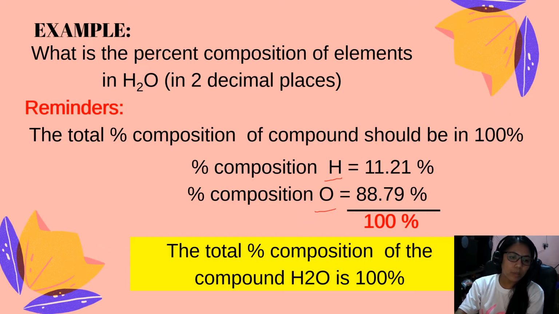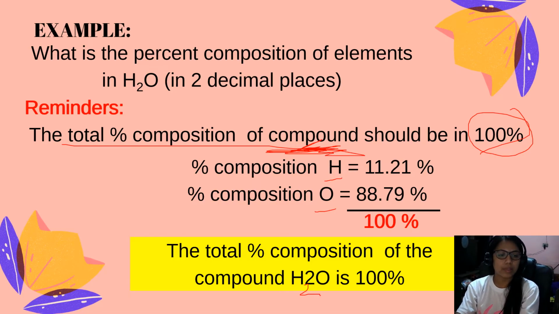So, the total percent composition of the compound, water or H2O, is 100%. So, kailangan po ang total composition ng compound ha, 2 or more elements yan, it should be 100% or pwedeng 99.99. Yan. So, it should be 100%.